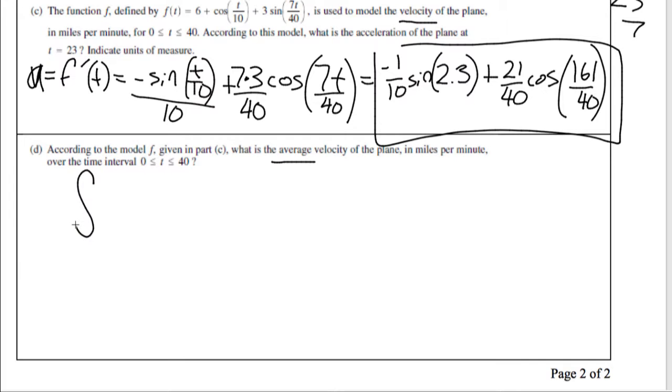And in order to make an average, what else do I have out front? 1/40. Yes. 1 over 40 minus 0, which is 40. 1/40th of the integral of this function. So I'm just going to say a of t, dt. And literally, if they want you to rewrite it again, you would write all of this stuff divided by 40.